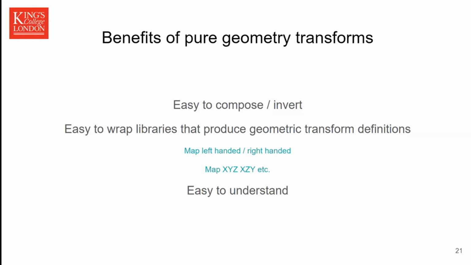And then all we have to do, so if you remember your geometry classes in high school with the left-hand rule and the right-hand rule, and the fact that different libraries might have X, Y, Z or X, Z, Y as their coordinate systems, provided we can map the conventions of a given geometry library to the way MONAI expects those to be, then we can wrap, for example, ITK transforms in a MONAI transform wrapper and put it straight into a MONAI transform pipeline. And it also makes transforms a lot easier to understand.